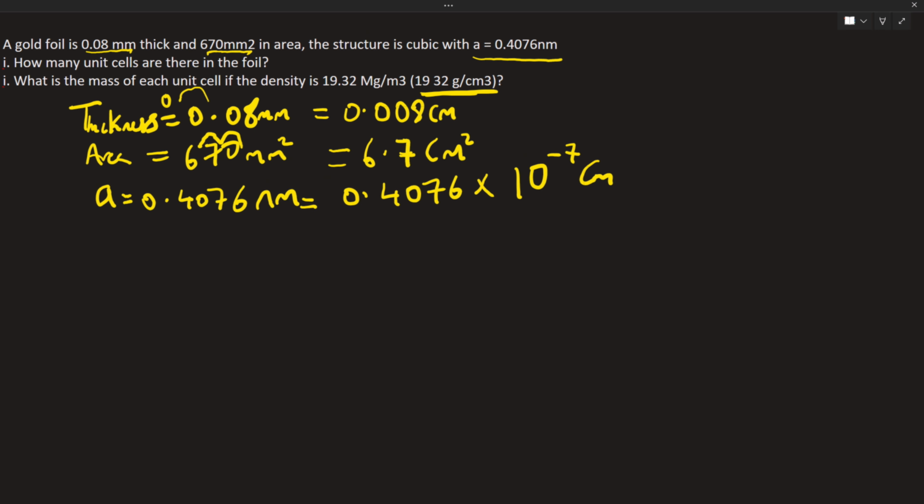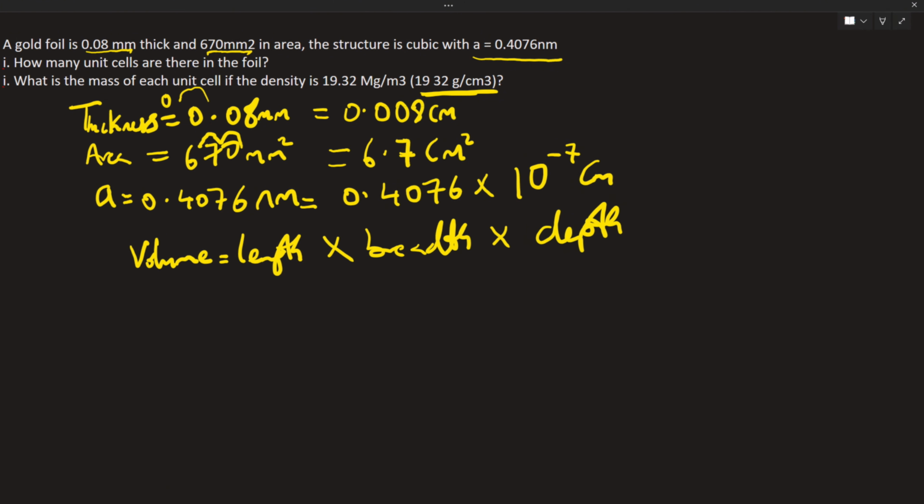Right. So the next thing we need to know is that volume is equal to length times breadth times depth, or thickness. You can call it depth or thickness. So area, these two alone, times our depth, in which the depth is also our thickness.